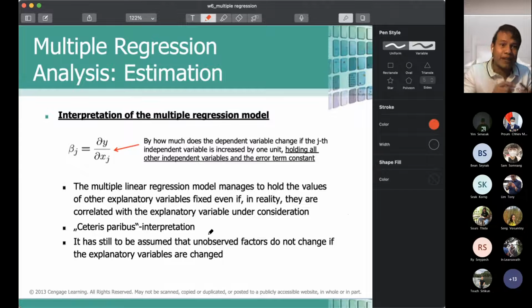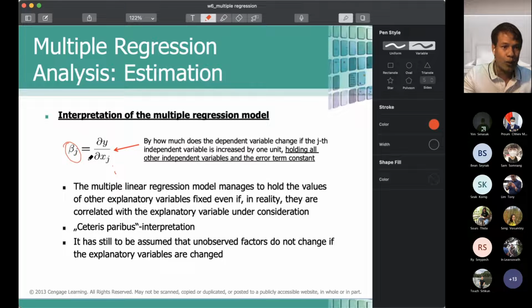So when you want to make an interpretation, you have to specify the x. In other words, the effect of the variable is what we call the partial effect. It's only the effect of your x of interest. So when we write xj here, what is xj? Xj can be xi, x1, x2, or x3. So here it depends on what your estimate of interest is.